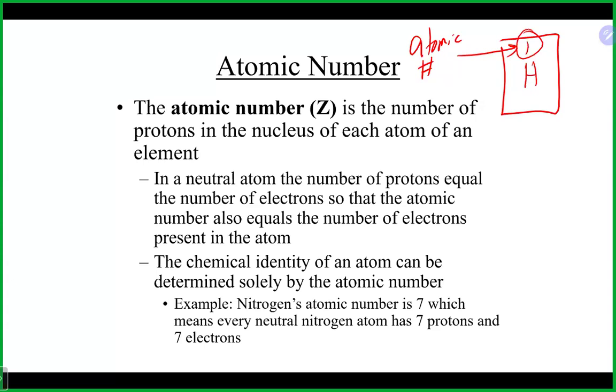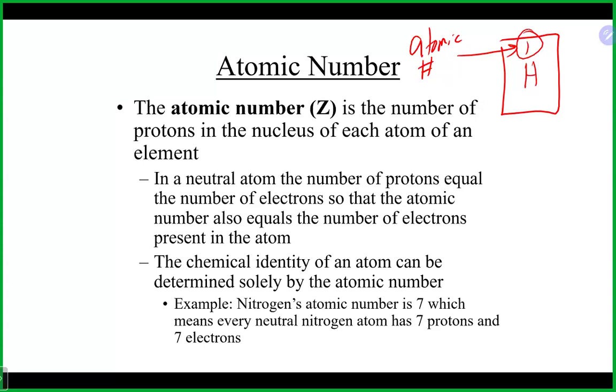So if you know the protons, or the atomic number, which is basically the same thing, all you need is a periodic table. Find that number up on top, and you know exactly what element you're dealing with. Alternatively, if you know the element and want to know how many protons it has, or its atomic number, just find the element on the periodic table and take the number up on top. So up on top is always the atomic number.